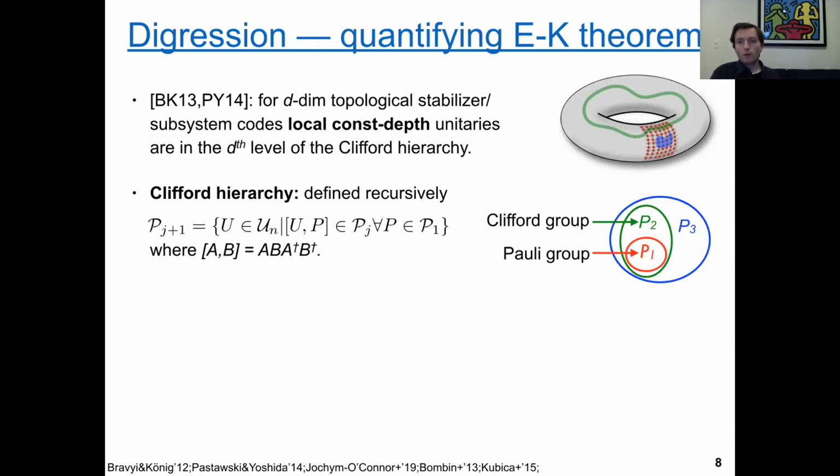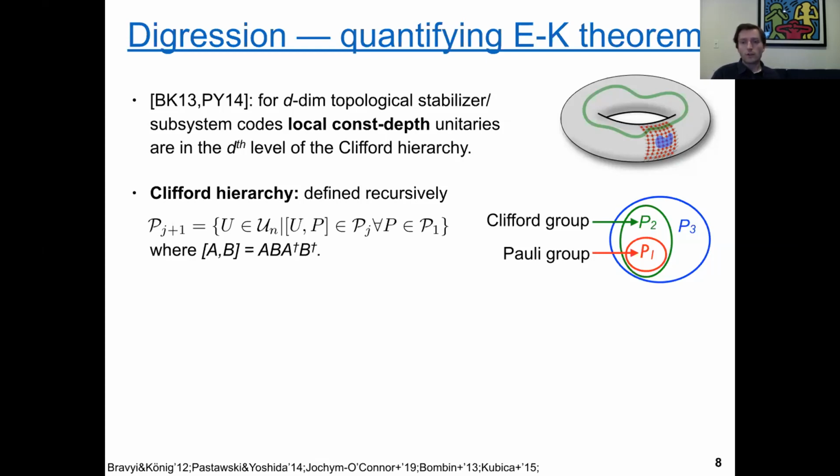However, if we want to have a universal gate set, we need some gates from the third or higher level of the Clifford hierarchy. What those results by Bravyi, König, and Pastawski and Yoshida tell us is that if we want to have a non-Clifford gate, we necessarily have to go to three spatial dimensions.